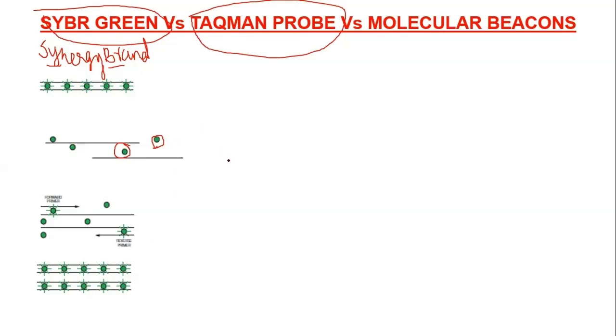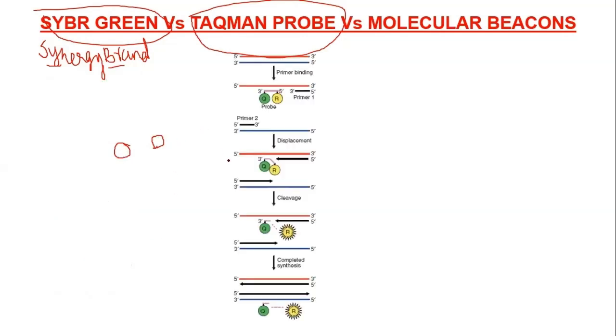And next thing is TaqMan probe. This is more specific and advanced than the SYBR Green dye. The probe, here it's called the probe, is a small segment of DNA fragment. This is complementary to the target sequence.